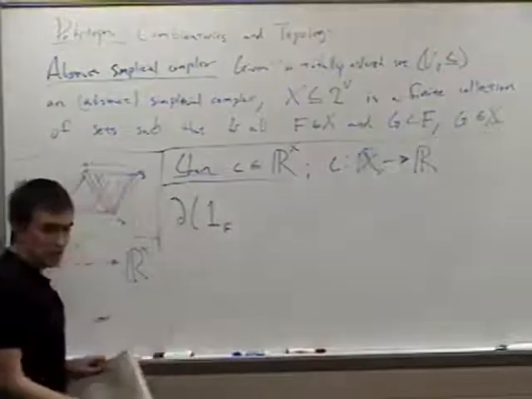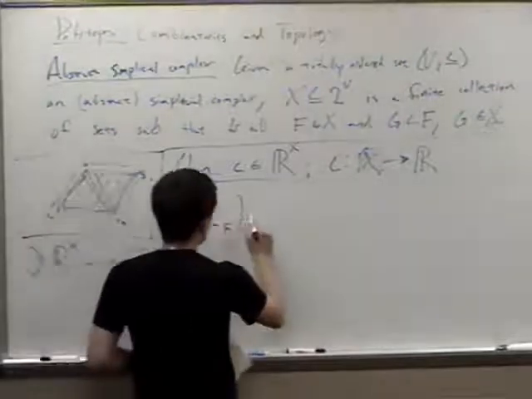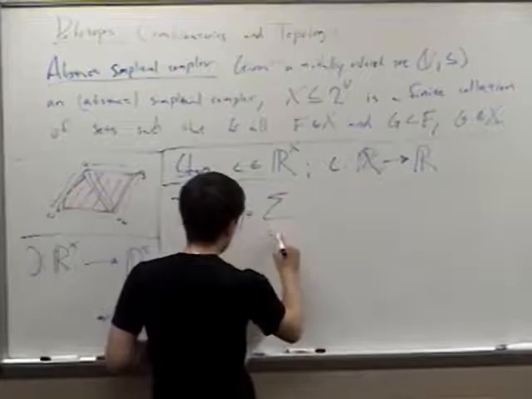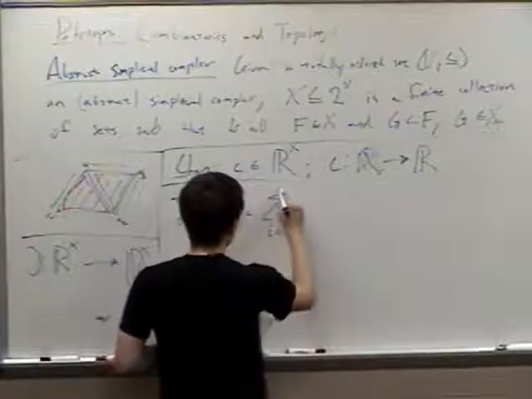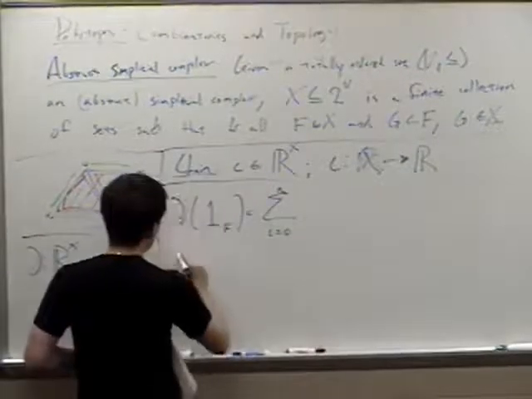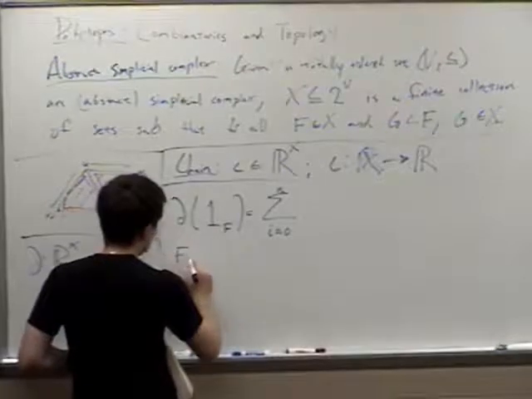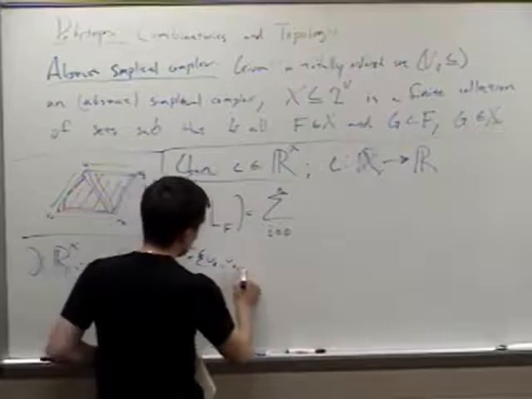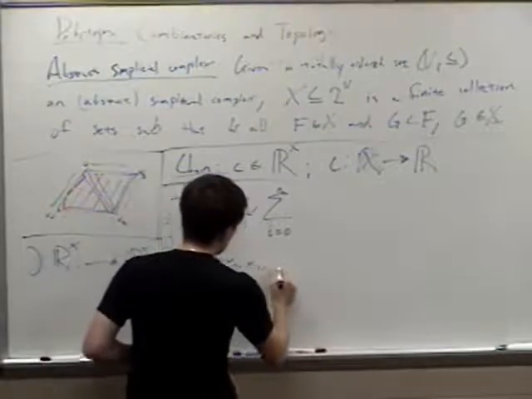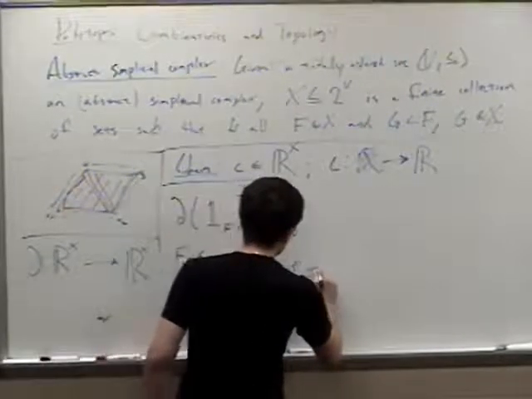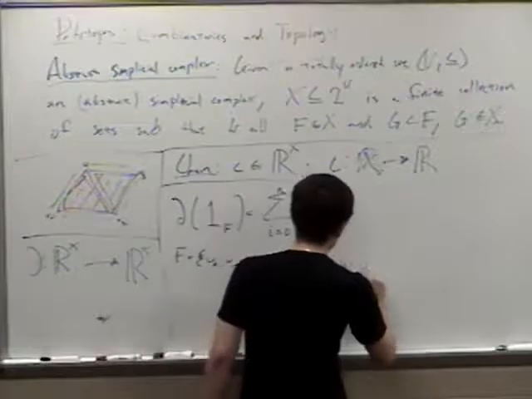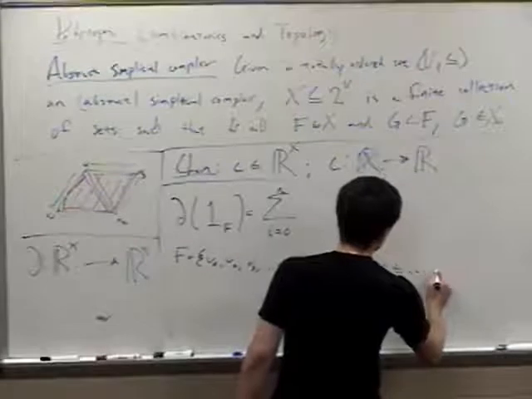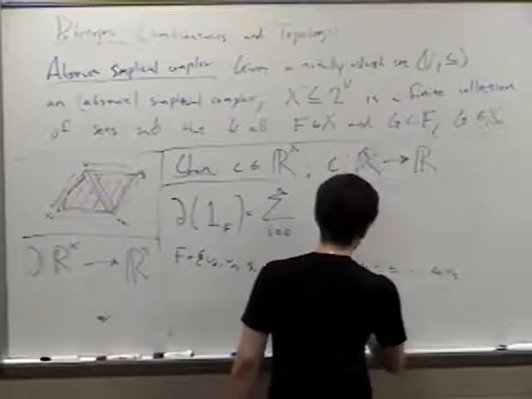So this is a set of vertices, and we're going to write this as the sum from i equals 0 to n, where f is equal to the set v0, v1, v2, v3, etc., up to vn, with v0 less than or equal to v1 less than or equal to so on, less than or equal to vn.